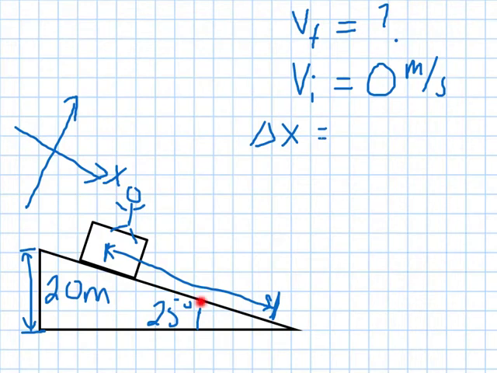Let's see, I know this angle, 25 degrees, and I know this side, 20 meters, which is the opposite side. I'm going to use sine to calculate this. If sine is equal to opposite over hypotenuse, then to solve for the hypotenuse, I'm going to need to take 20 meters and divide by the sine of 25 degrees.